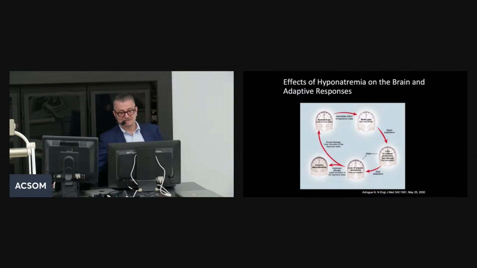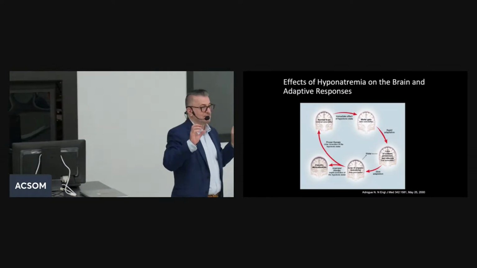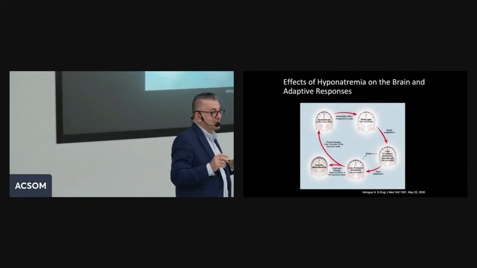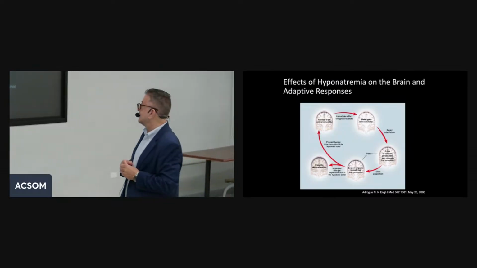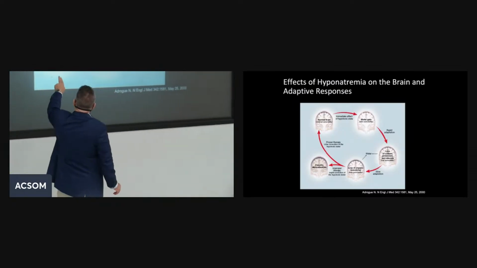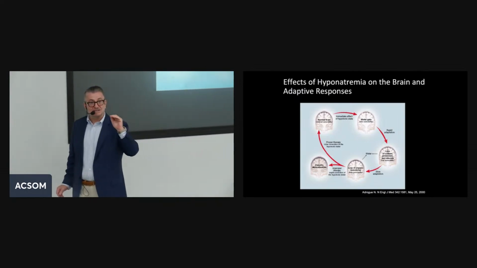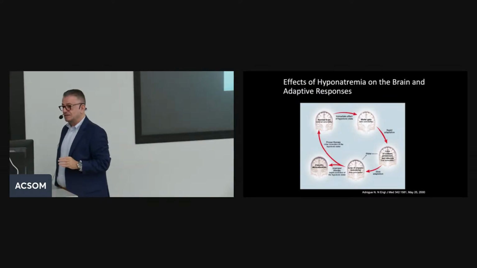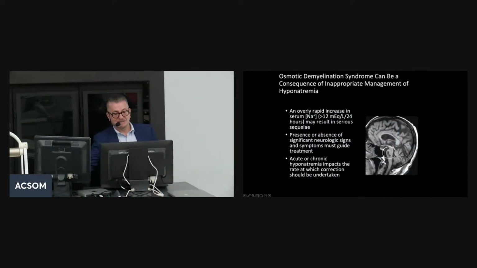The body gets rid of the solutes in the brain slowly, as a way to compensate for hyponatremia. And if you treat this patient too fast, they get something called osmotic demyelination. If you bring sodium too fast to the normal values, this is what happens to them.